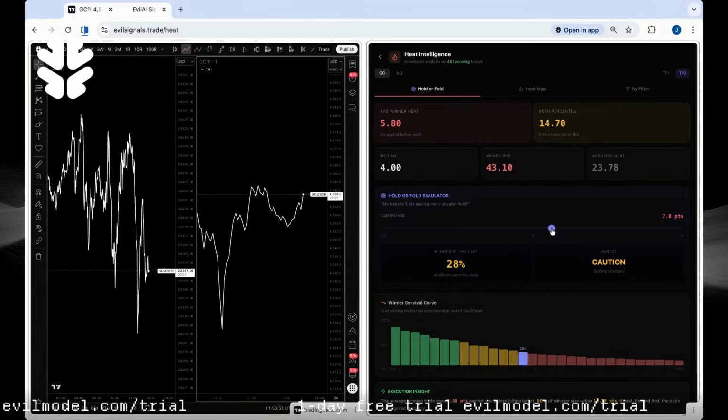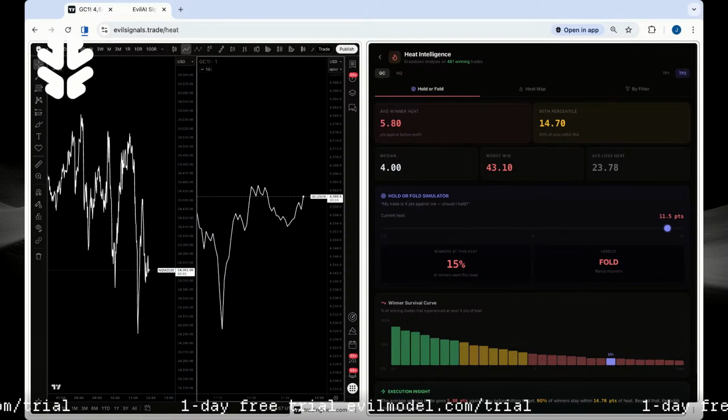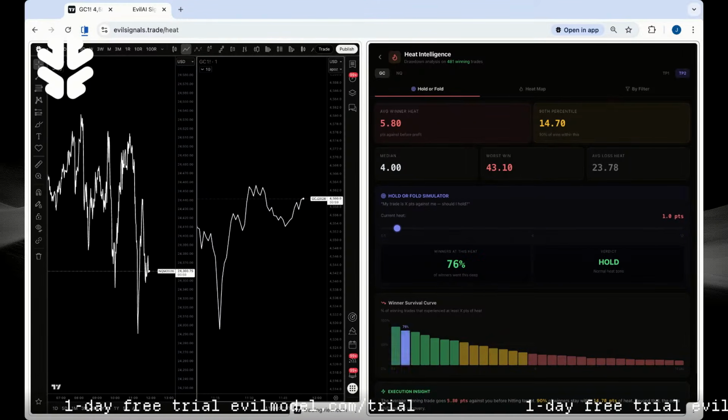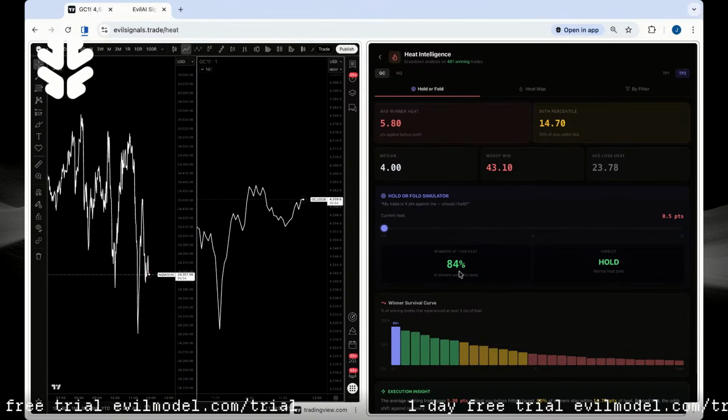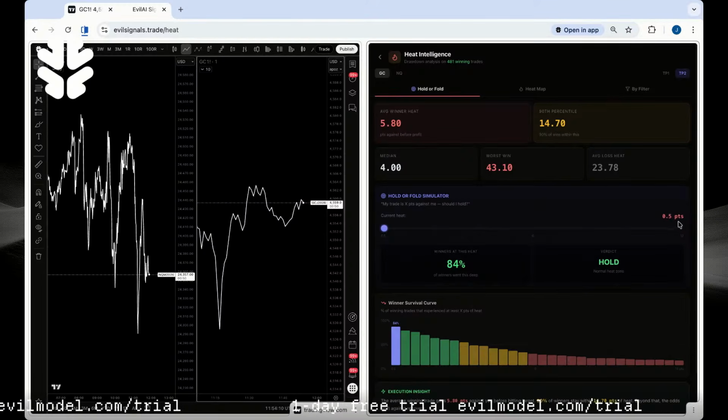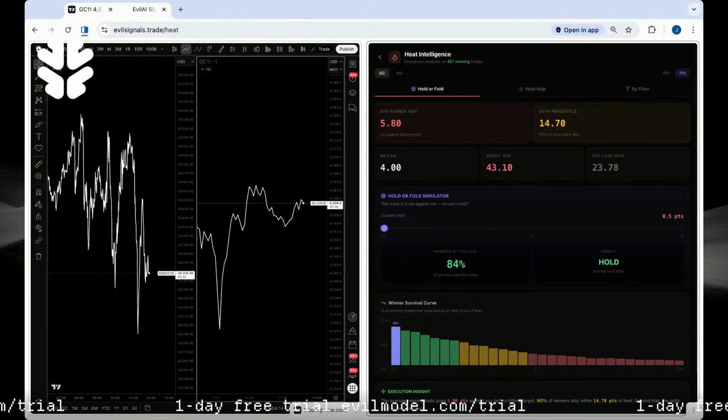That's interesting, right? And you can see on this hold or fold simulator it shows you 84% of winners had a very small deviation from that.